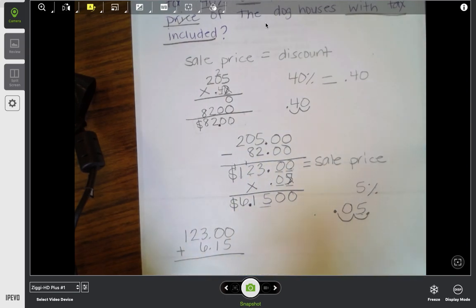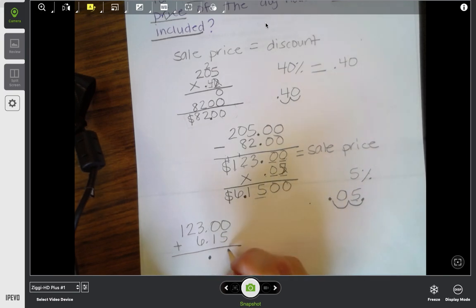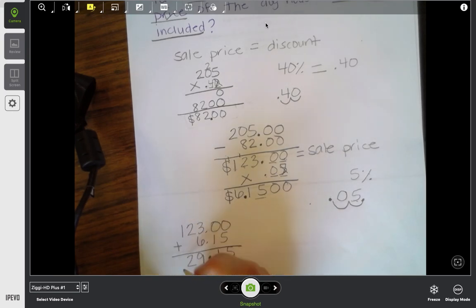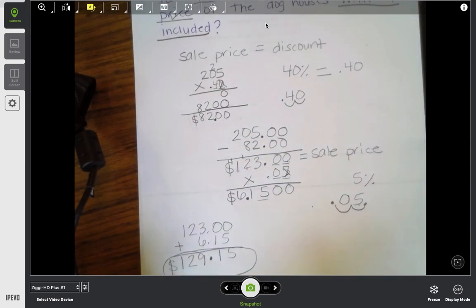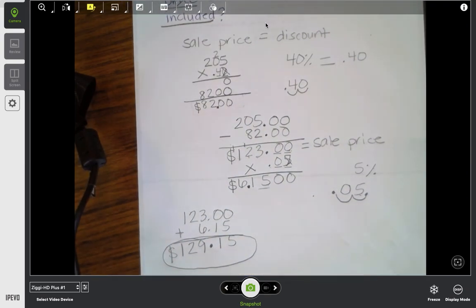And when you add decimals, you have to line them up. I'm going to bring that right down in my answer. 5 plus 0 is 5. 1 plus 0 is 1. 6 plus 3 is 9. 2 plus 0 is 2. And then 1 plus 0 is 1. So my sale price, including tax, is $129.15. Remember that you can rewatch this video. You can pause this video. Use it as your guide if you get stuck on Genius Level number 3.